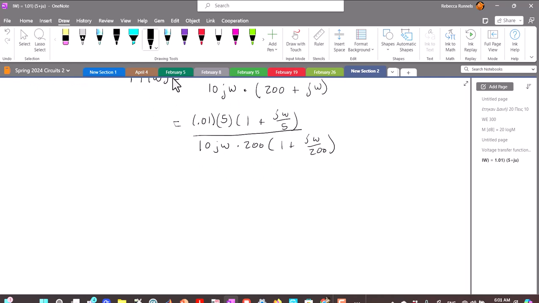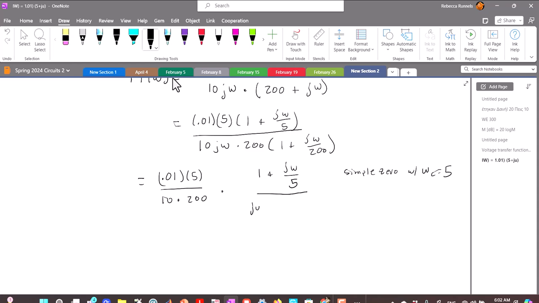So my constant term is 0.01 times 5 over 10 times 200. And then I have 1 plus j omega over 5. So this is a simple 0 with corner frequency equal to 5.